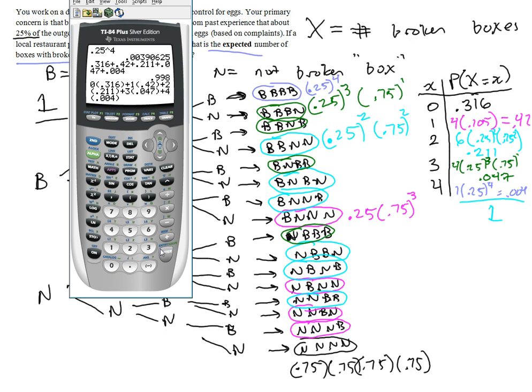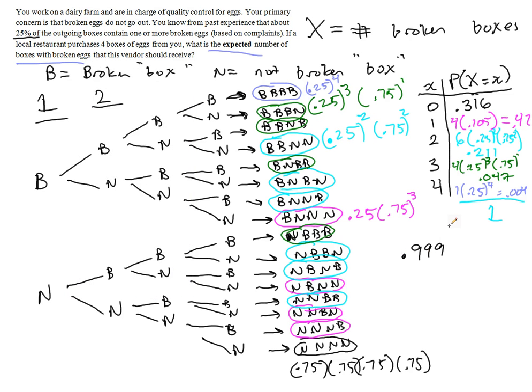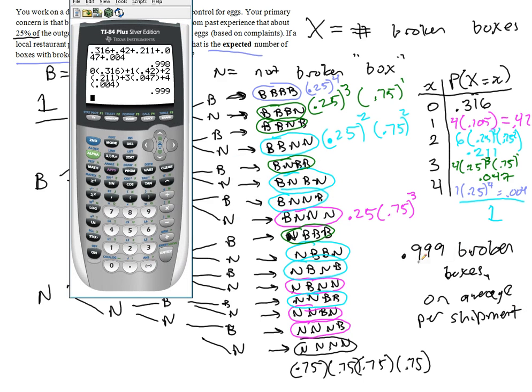And so we would expect, on average, to have 0.999. Well, these are broken boxes, so I'll call these 0.999 broken boxes on average per shipment, since this is just 1 shipment of 4. So if you were to ship 4 out all the time, you'd expect 1 box to be broken.